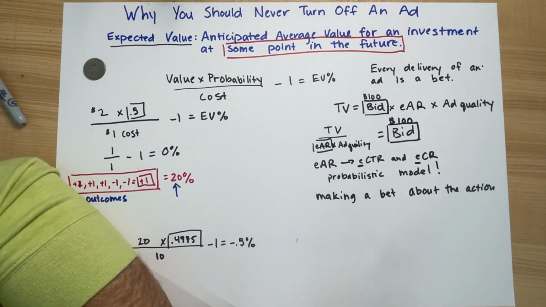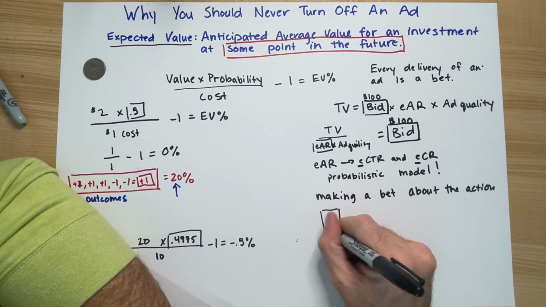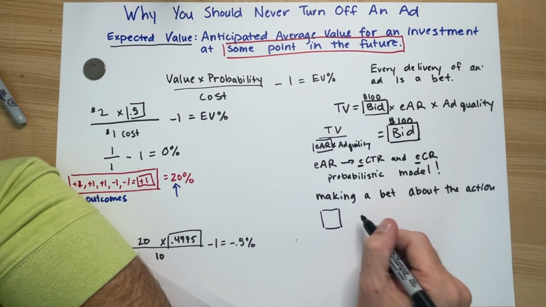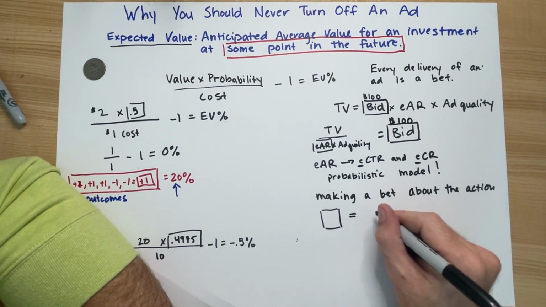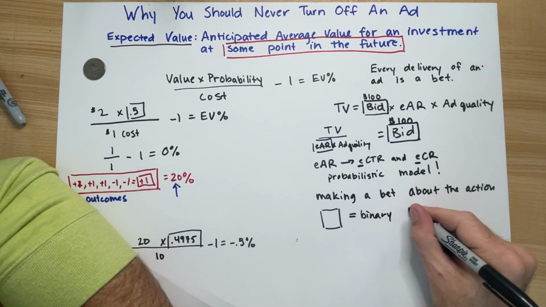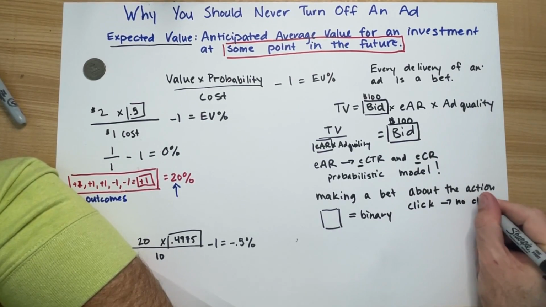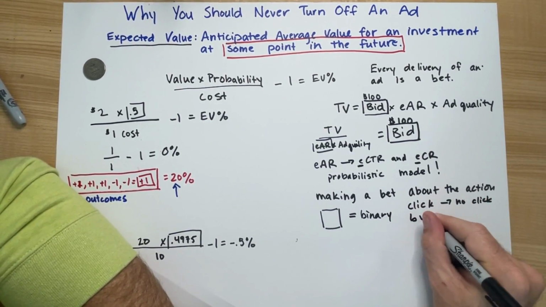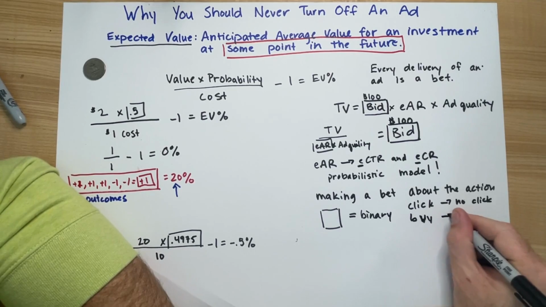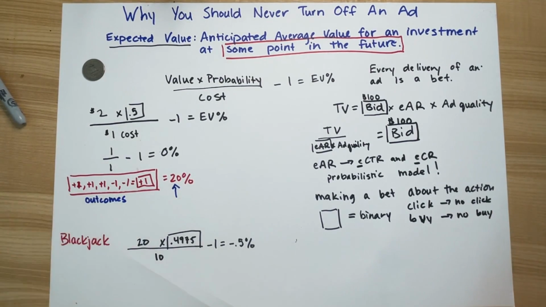Okay, this is really important because let's think about the singular delivery of one individual ad. Okay. It's a binary outcome, right? Either the user clicks, it's either click or no click, buy, or no buy. So what that means is that at some rate, the bet is inaccurate.